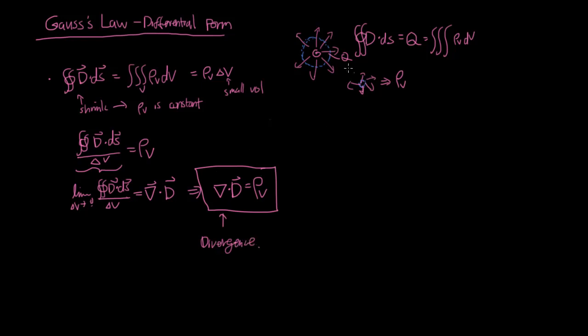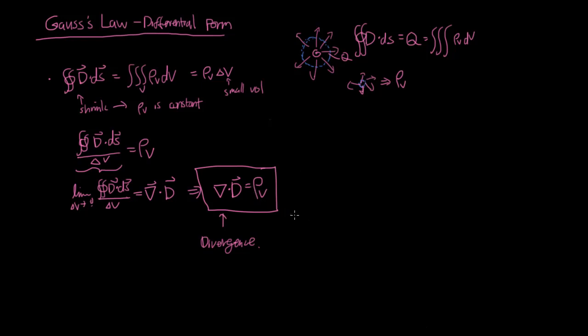The divergence we talked about over here is: you take a really, really small volume, you count all the arrows coming out of the surface, or you evaluate the surface integral of the arrow density function over that entire surface area, and then you divide it by the volume. And when you shrink that down to 0, you get the divergence operator.